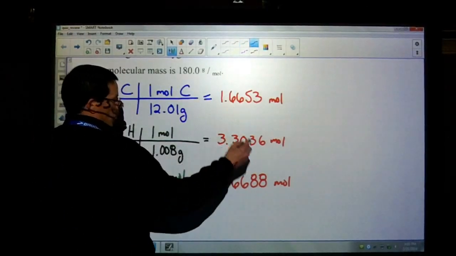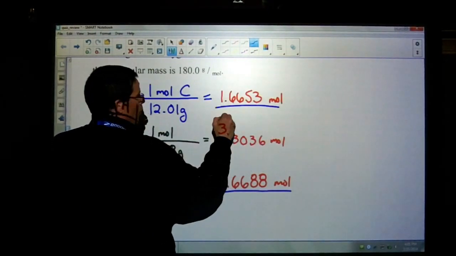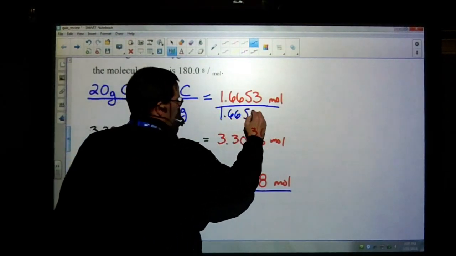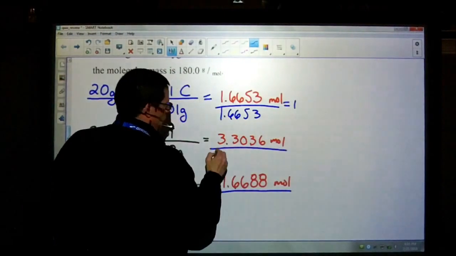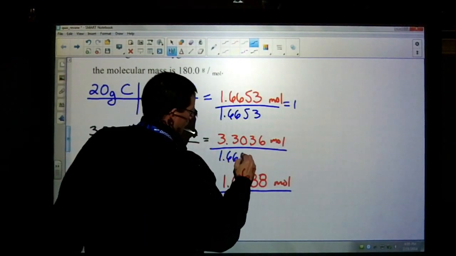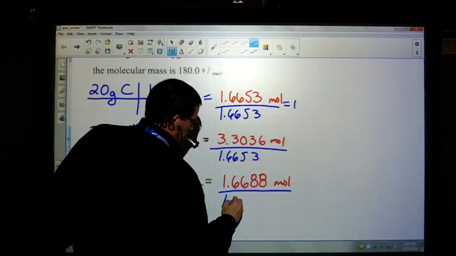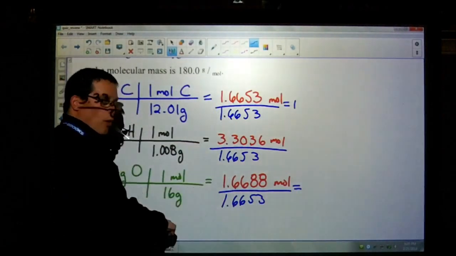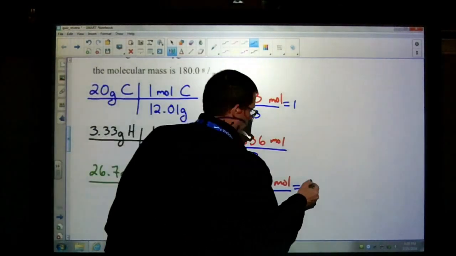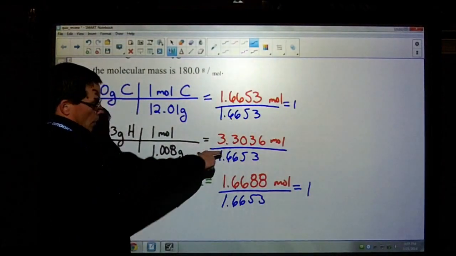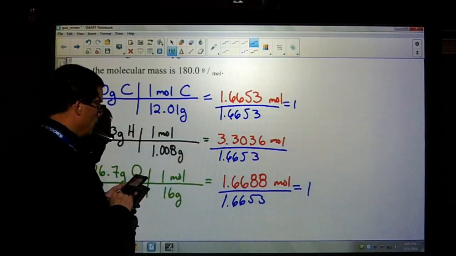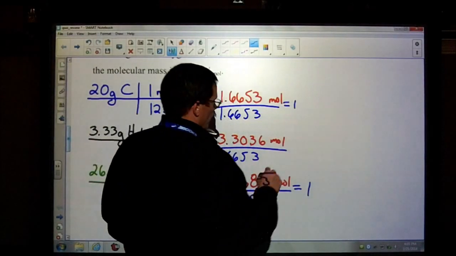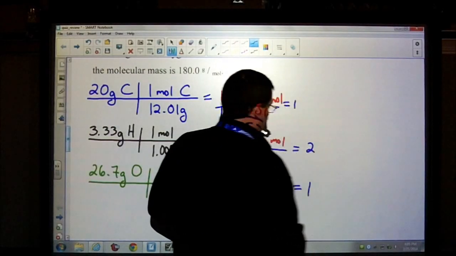So now we're going to divide them all by 1.6653. That equals 1. Find out what that is here in a second. This is like 1.01 something, so that's very close to 1. And I'm willing to bet that that's going to be a 2. Nope, it's 1.97. So we're going to say that's a 2.